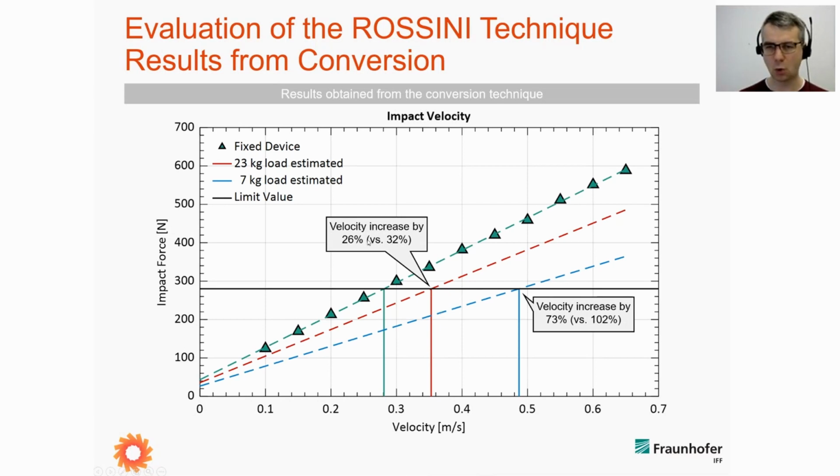So we are a little below what is actually achievable with a movable device. This shows us that we are underestimating the speed, so we are on the conservative side, which is good. And for the blue curve, which is 7 kilograms, we receive an increase of 73% compared to 100%. It's approximately the same relative difference.